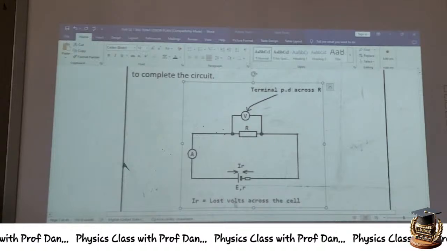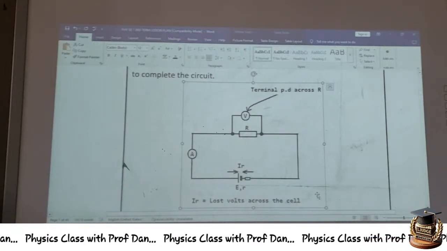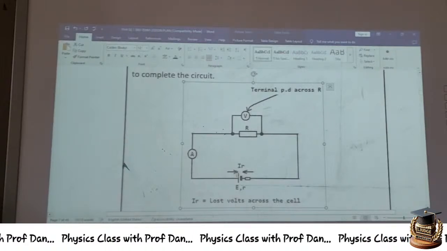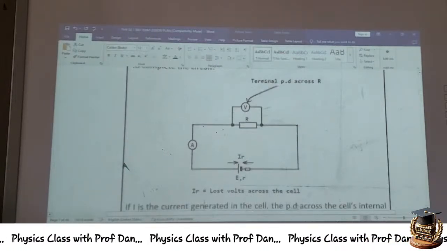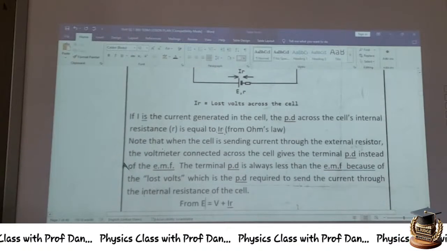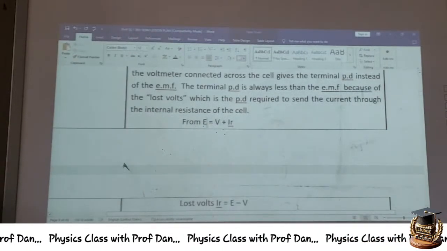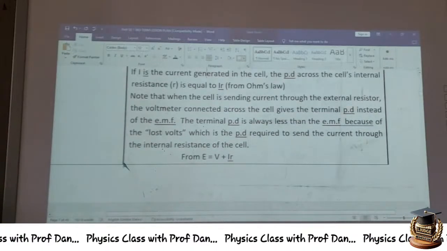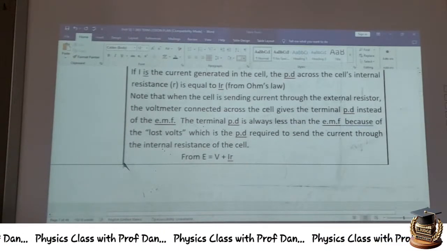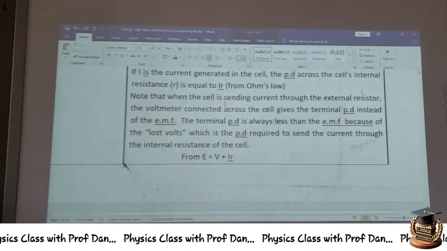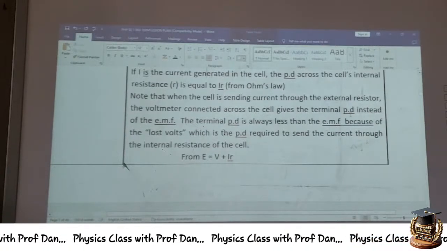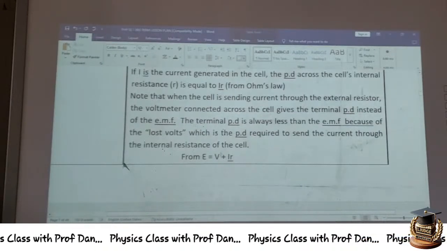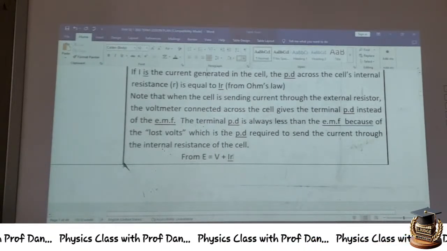When we multiply this internal resistance with the current flowing in the circuit that is offered by the cell, it's known as the lost voltage across the cell. This is the terminal PD that is measured across this, but across this we are measuring the lost voltage. Note that when the cell is sending current through the external resistor, the voltmeter connected across the cell gives the terminal PD instead of the EMF. So the total EMF is actually the terminal PD plus the lost voltage.